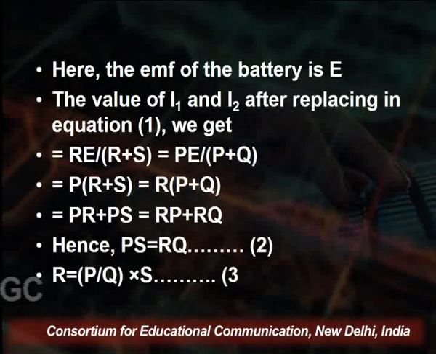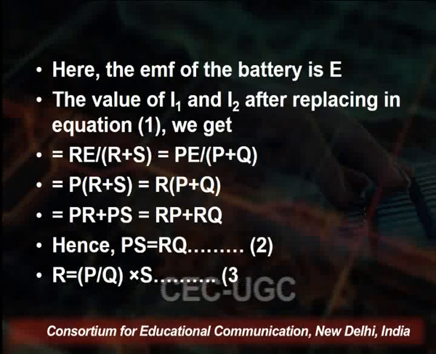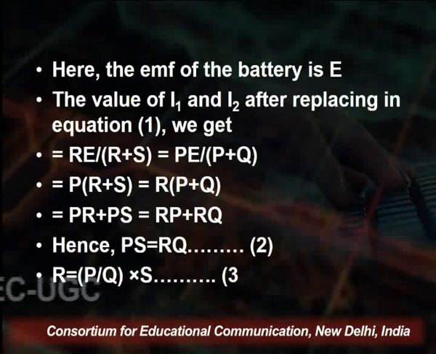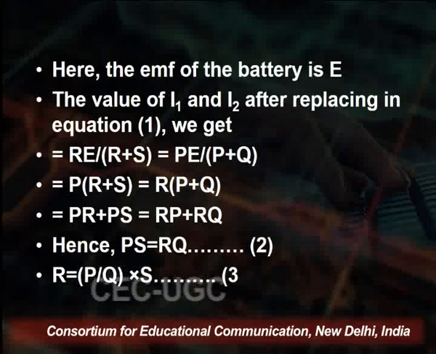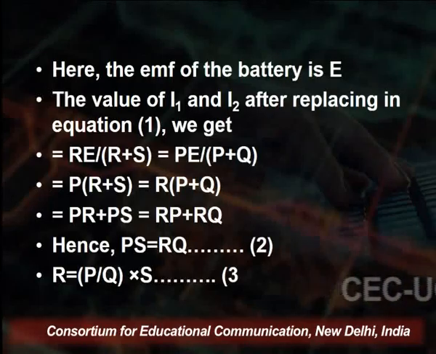After replacing in the equation, we have R E divided by R plus S, and P E divided by P plus Q, and in this manner we get the output as R is equal to P by Q into S.